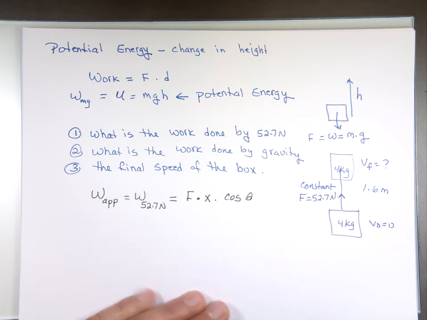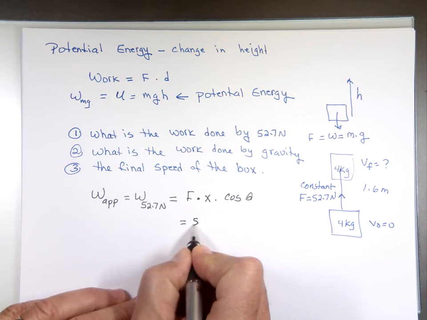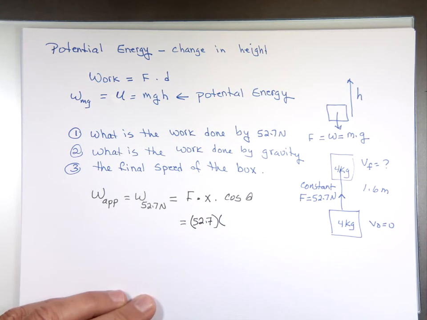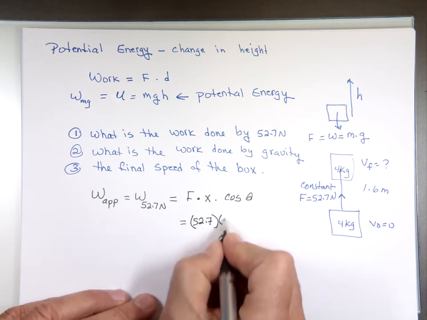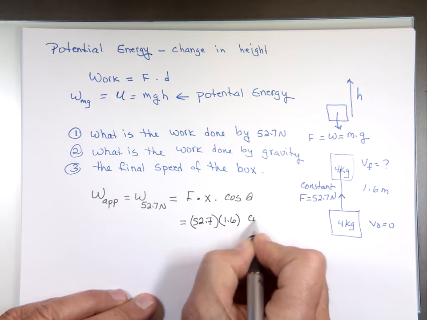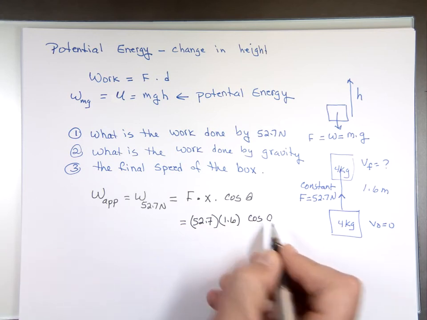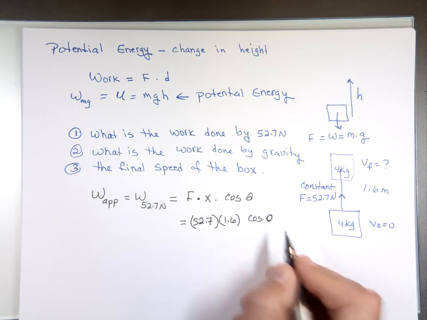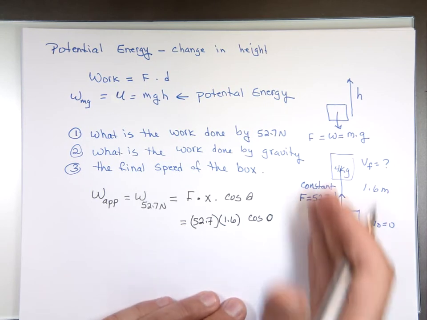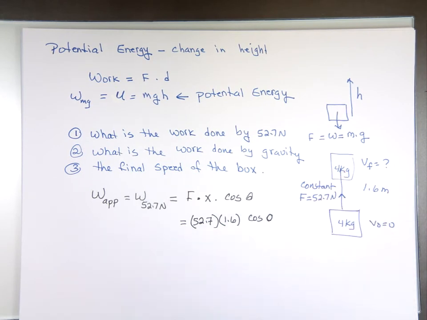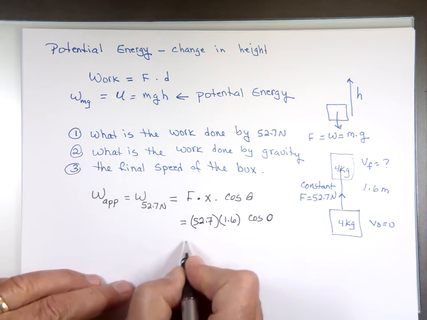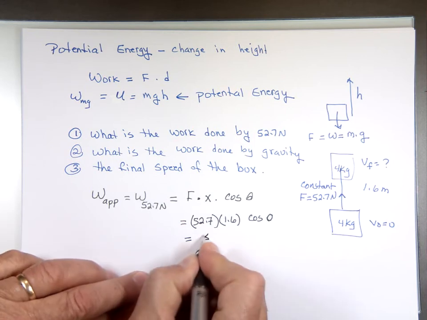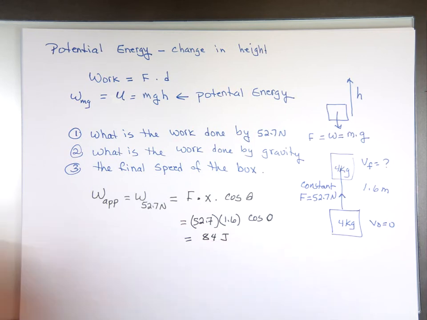So what's the force equal to? 52.7. What's the distance in that direction? How far do we move the box in that direction? 1.6. And what was the angle between them? Between the two of them? Let's think again. 0. The force is pushing upward, the box is moving upward. They're both in the same direction. The angle is 0. So we do the math, and roughly that number is what? 84 joules? Give and take a little bit.